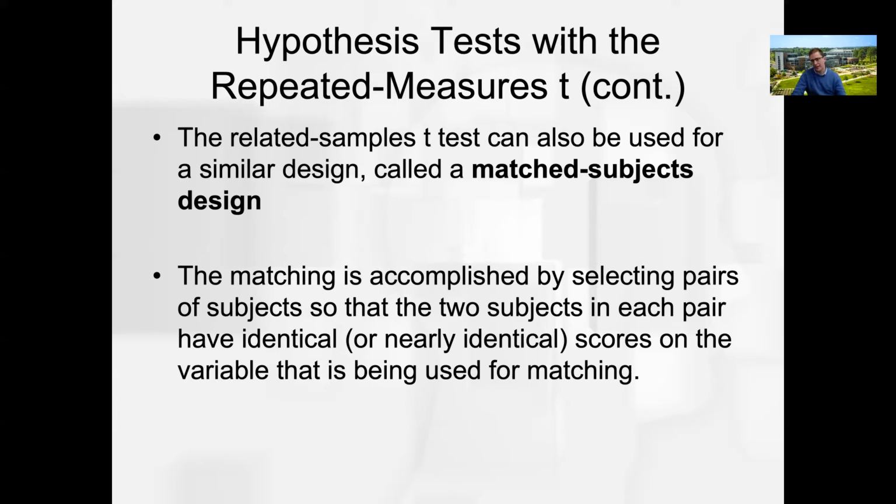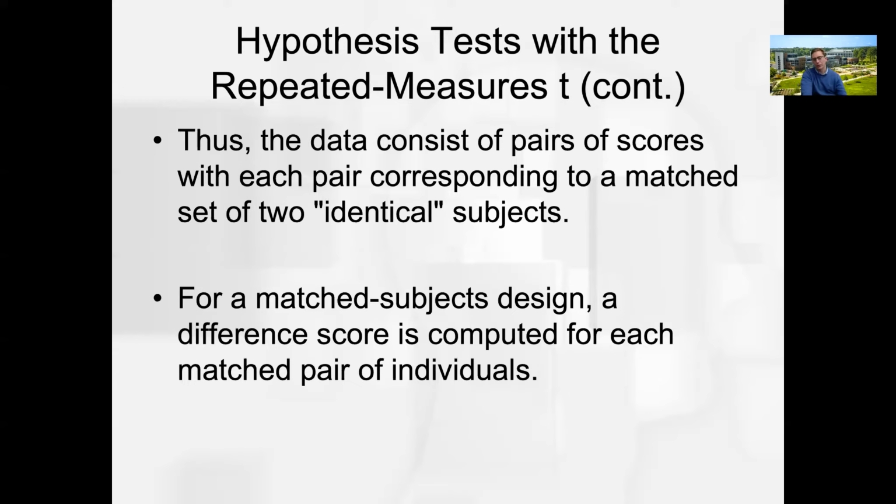Again, this is just reiterating what I just said. You're going to find that difference score for each of those matched pairs, right? So you're going to either be finding the difference score for one participant, time 2 minus time 1, or you're going to be finding the difference score for those matched participants, right?